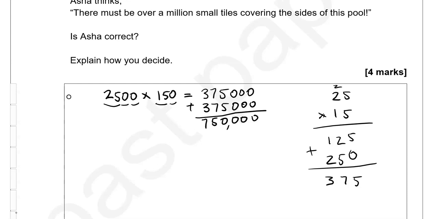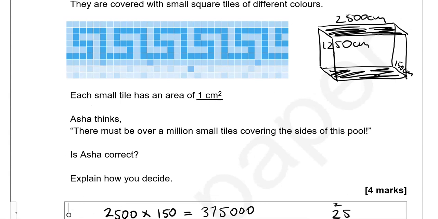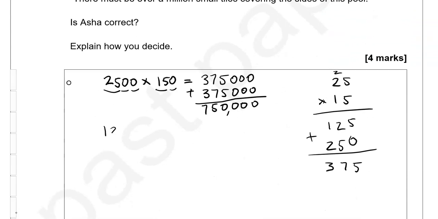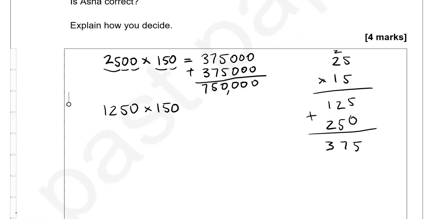So 750,000 so far. And we've got 2 other sides which measure 1,250 by 150. So again, we're going to multiply 125 by 15 and then add the zeros.